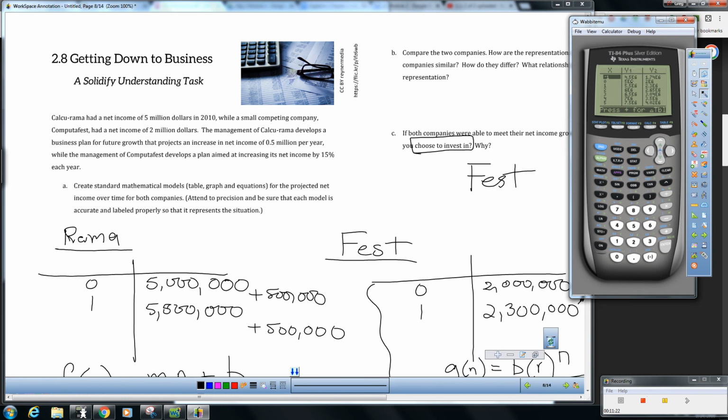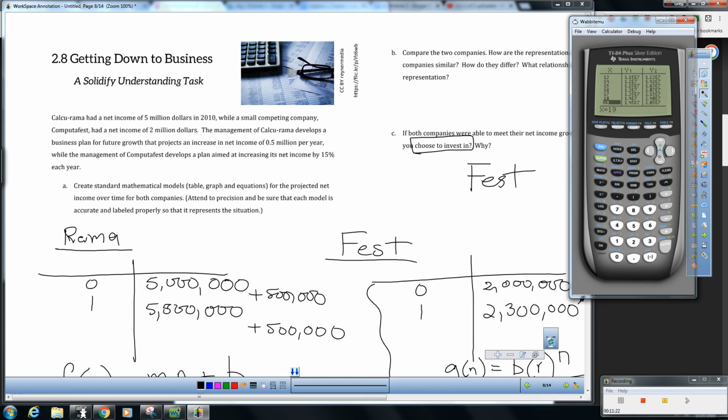But as we get down, Rama more than Fest. So let's scroll down in our table. Rama more than Fest, Rama more than Fest, Rama more than Fest. Oh, after 12 years, it's getting really close. Okay, now they're both worth about $10 million, but watch what happens to Fest.